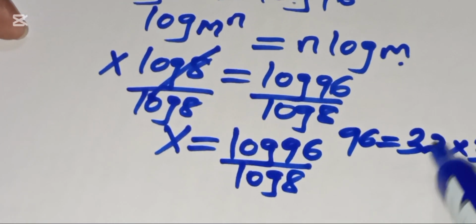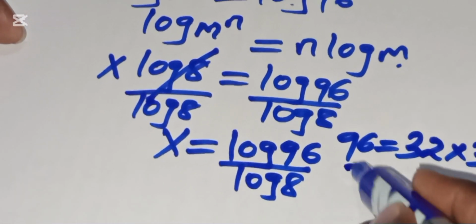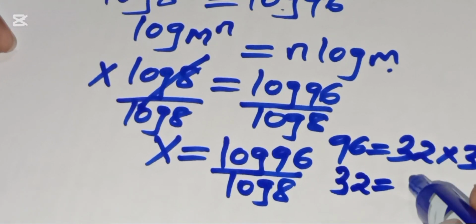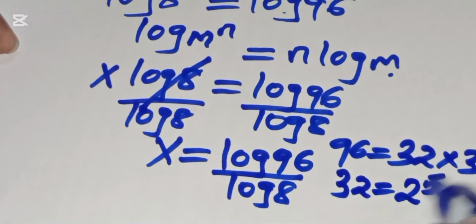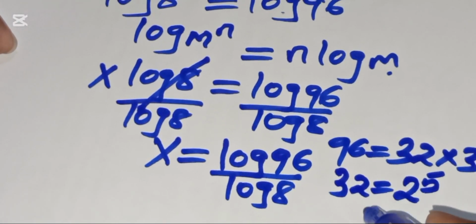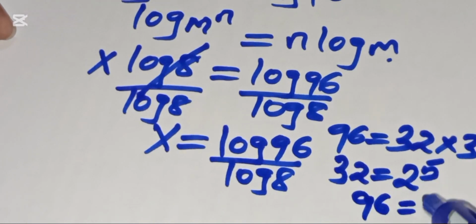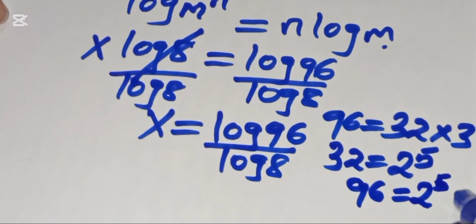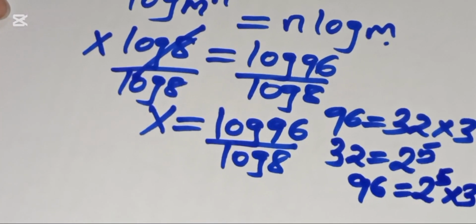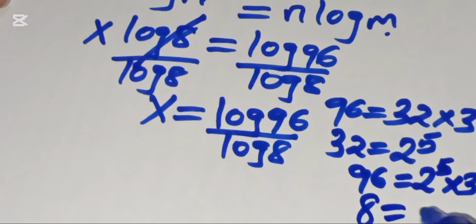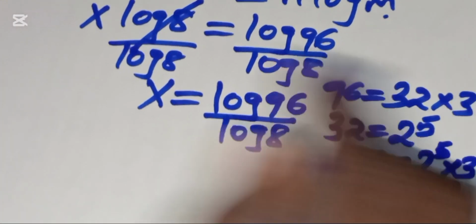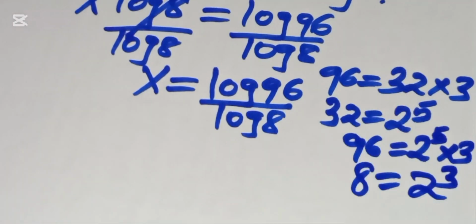Now that 2 can be expressed as 2 raised to power 5. So 96 is the same thing as 2 raised to power 5 multiplied by 3, and 8 can be expressed as 2 raised to power 3. So let's substitute this.